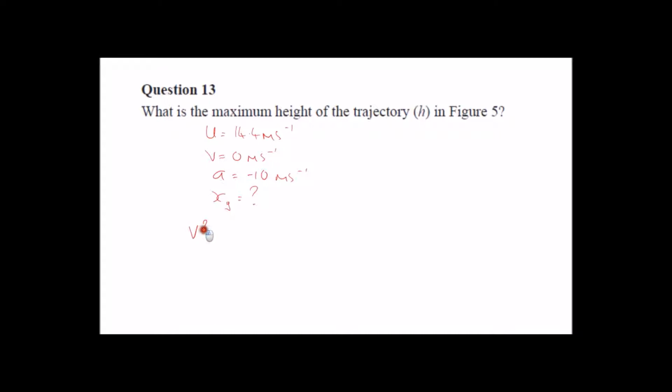So what we've got here is v squared equals u squared plus 2ax as our equation that will solve this one for us. So, well, 0 squared is just going to be 0. 14.4 squared plus 2 times minus 10 x. Okay, so what do we get?